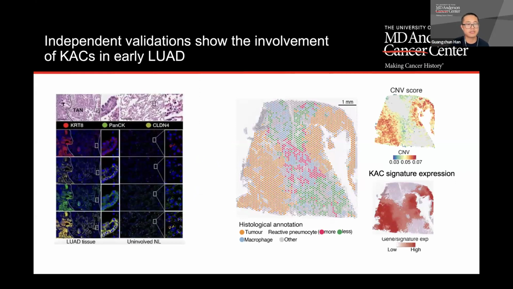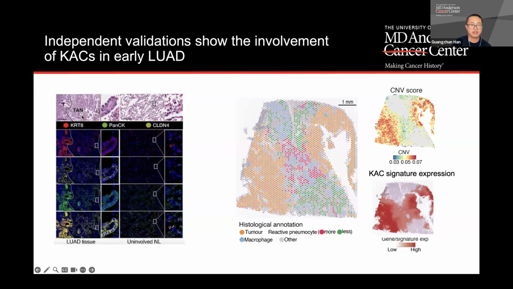The first thing we did is we profiled the tumor microenvironment using a technology called digital spatial profiling, DSP, on one of the patients, patient 14, for the tumor areas and tumor adjacent normal areas.